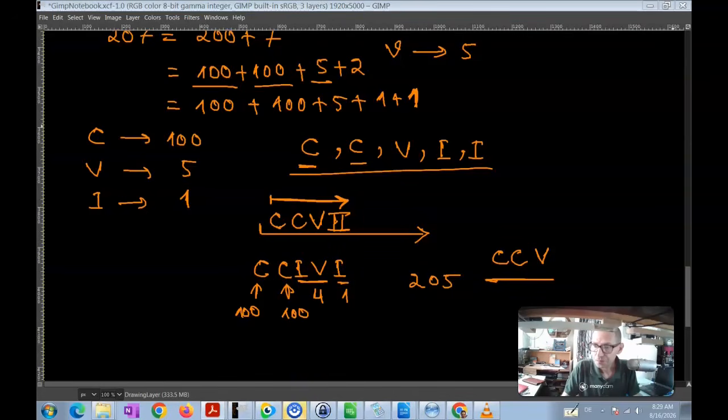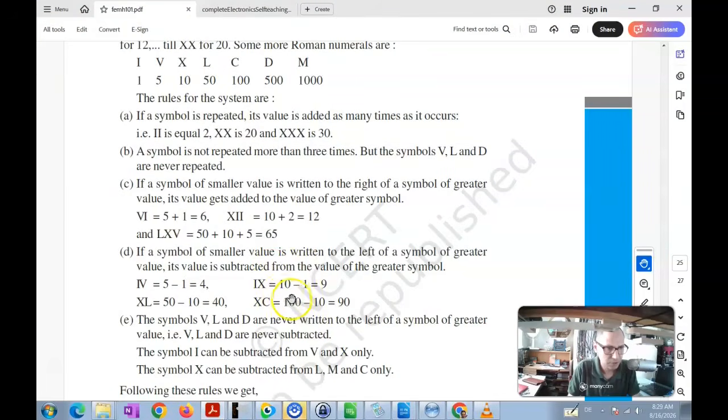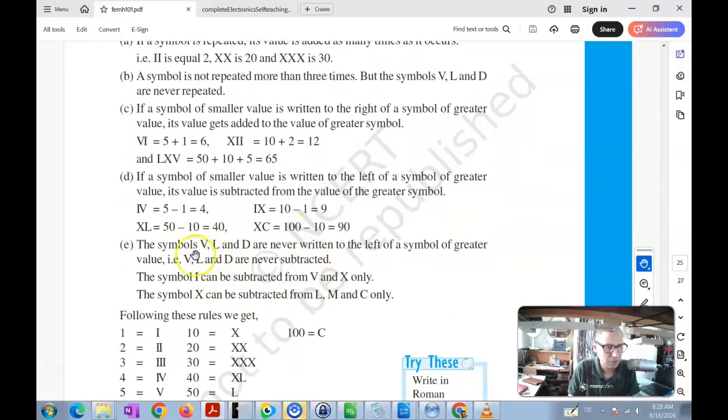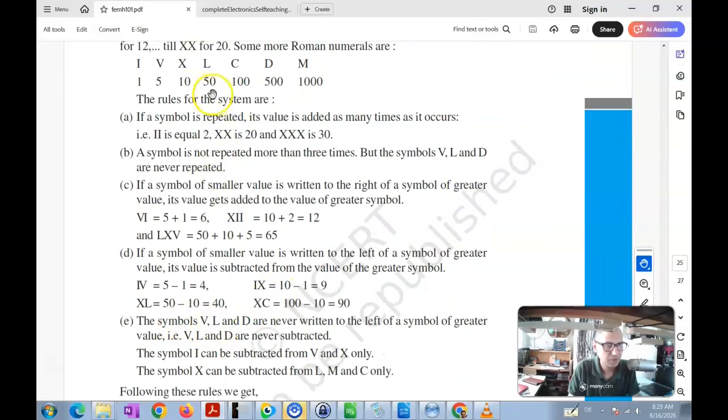so now that we understand this subtraction, it says that the symbols V, L, and D, which are the 5, the 50, and the 500, are never written to the left of a symbol of greater value.